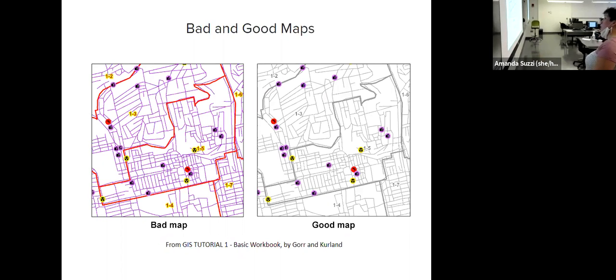Let's say homes for sale in your neighborhood, because this is definitely census blocks or neighborhoods. But it's really hard to focus on this one. The purple things definitely disappear because you have a purple background there. So you can see how in the good map all of the things that are not important for home sales are lighter.